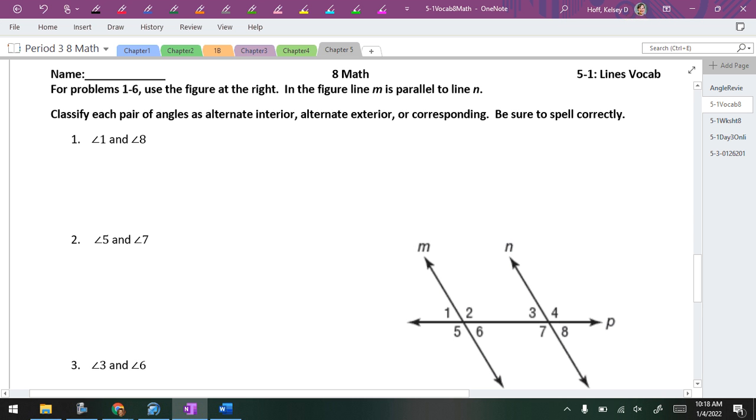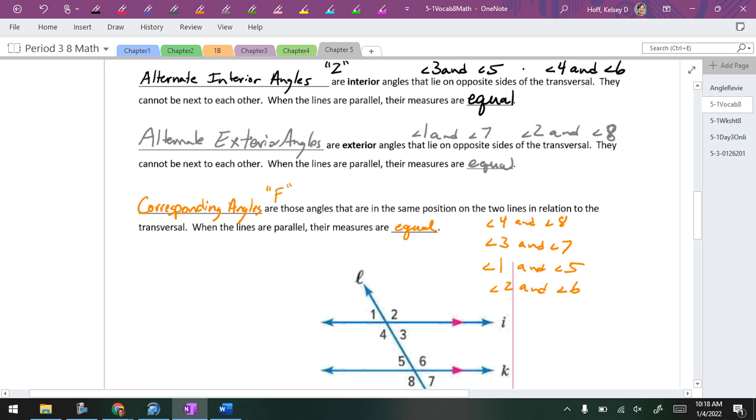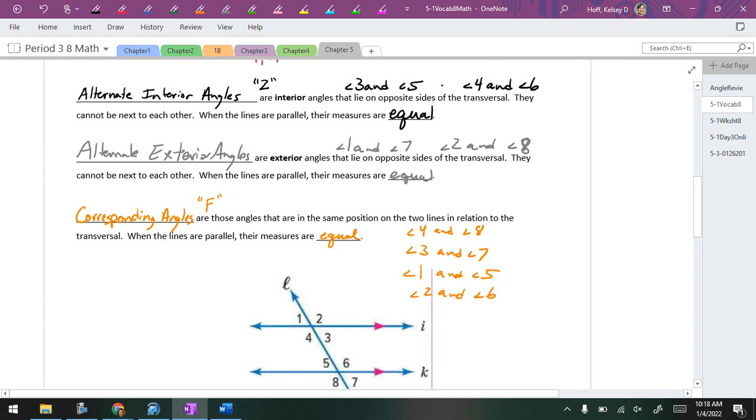To help you, because I want you to try this on your own, I'm going to leave our definitions up on the board so you don't have to flip back and forth. If number 1 says angle 1 and 8, don't say it out loud, but if you look at angle 1 and 8, is it a set of alternate interior, alternate exterior, or corresponding? Complete 1 through 6 right now, and we're going to go over them together.